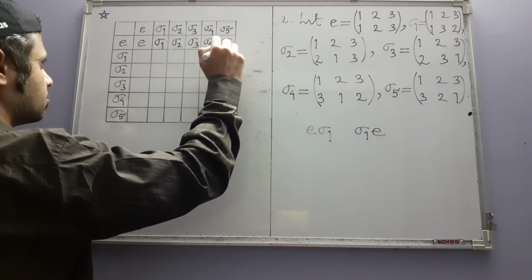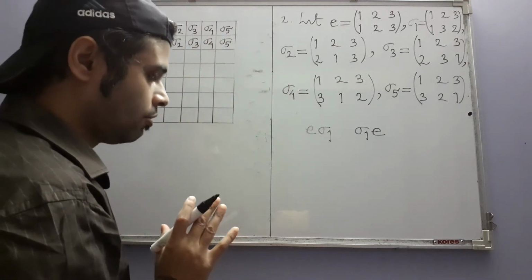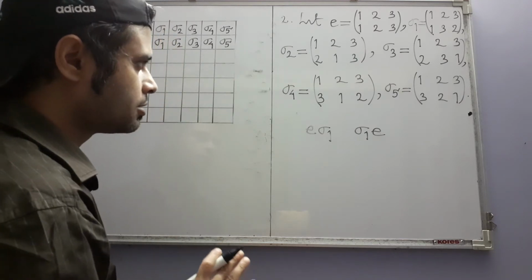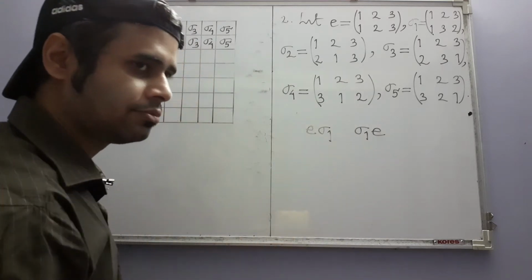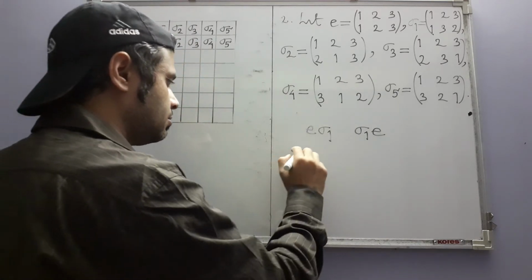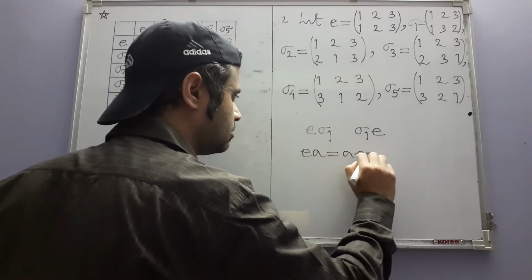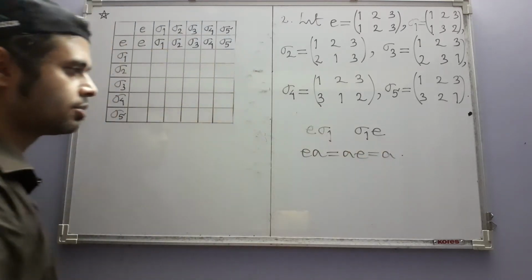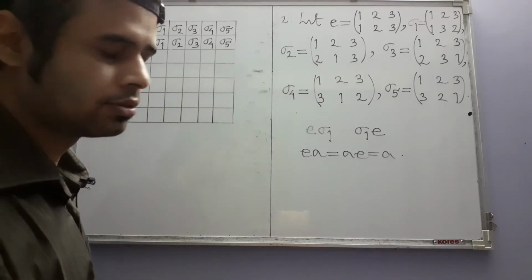Sigma 4, sigma 5. And although this group is non-Abelian, the operation is not commutative, E itself commutes with every element. I mean, EA is equal to AE is equal to A according to the third axiom in the definition of a group.